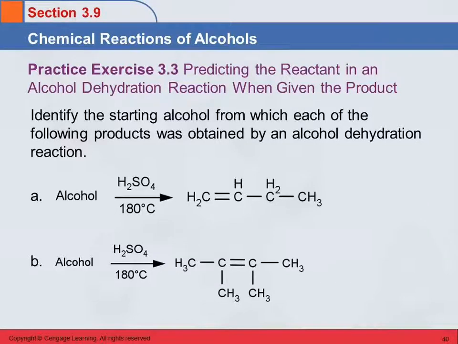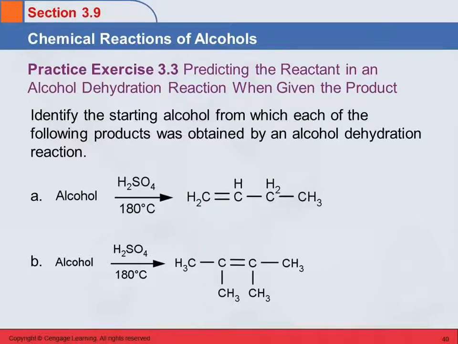So here we have an alkene product. So that's going to be from the intramolecular, the first one, right? Because the second one made an ether, and this is not an ether. So where did this double bond come from? It came from removing a hydrogen and a hydroxyl group, right?